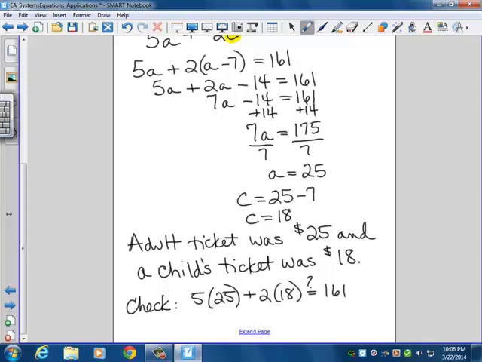Again, quarters, so 5 times 25 is 125. 2 times 18 is 36. So I'm going to add those together. 6 and 5 is 11. Carry the 1. 3 plus 2 plus the carried 1 is 6, and 1. So woohoo, it checked. So that is the correct answer to this problem.